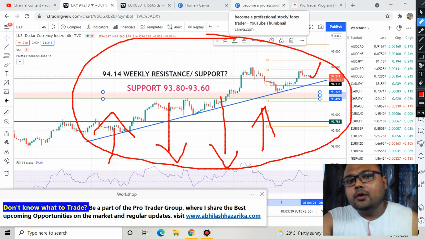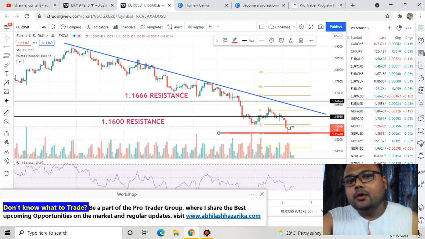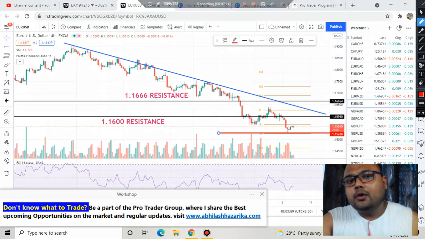Okay. And on the other hand, considering this as a double top, if dollar fails to sustain at this level and starts going down, then definitely you will see Euro USD going up. But still, considering the selling pressure in the Euro USD, I think it will be wise for us only to look for shorting opportunities, because until and unless we get a V formation like this, we cannot consider that the trend of the Euro USD has changed.